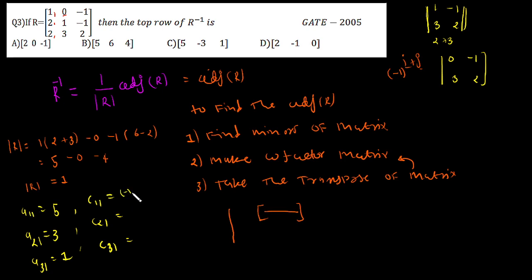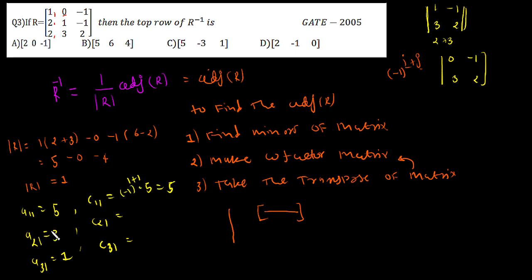So minus 1 raised to 1 plus 1, because the values of i and j are 1 and 1 respectively, and I multiply it with the determinant of this 2 cross 2, which is 5. So I simply write positive 5, because minus 1 squared is again positive.